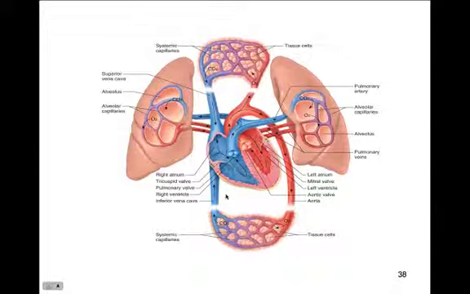So the pulmonary circuit, again, is very simple for us to remember relative to everything else. It moves through the pulmonary arteries into the lungs, where those arteries divide into the alveolar capillaries. The alveolar capillaries then converge to form the pulmonary veins, which return into the heart.